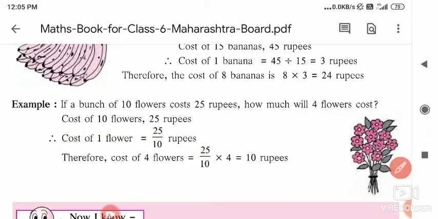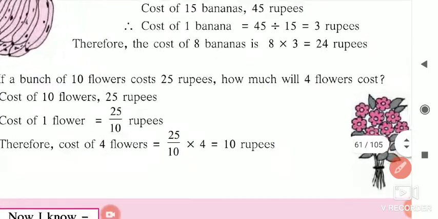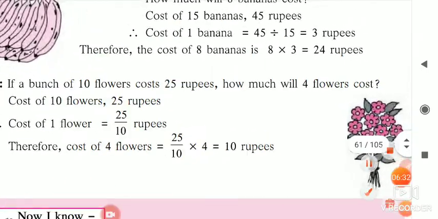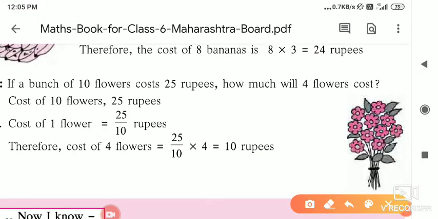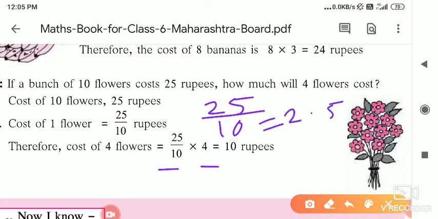Once you get the cost of one flower, you have to find out the cost of how many flowers? 4 flowers. So here you have to multiply the cost of one flower with 4. Then you will get the answer. And this example we can solve in one more method, that is the cost of one flower is equal to 25 upon 10. Here one 0 is there, so 2.5 is its decimal fraction conversion I taught you.